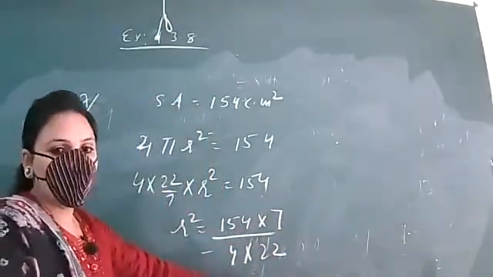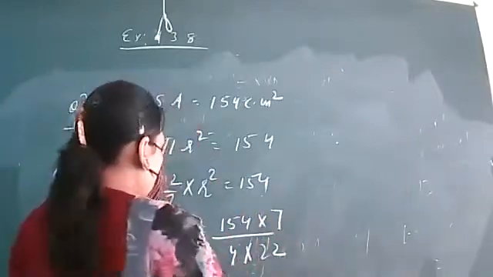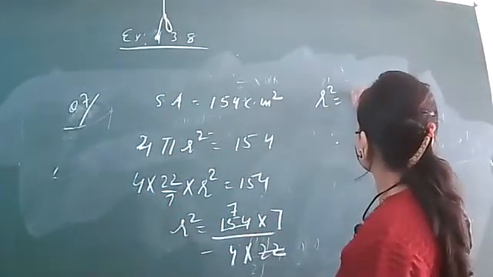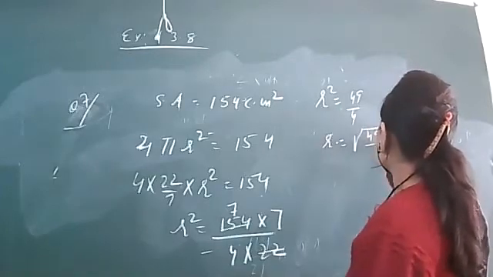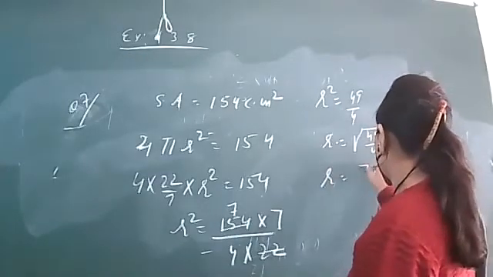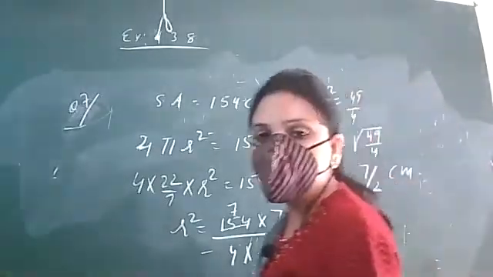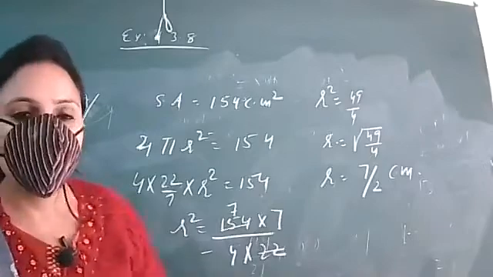These two denominators and this 7 become the numerator, right? Do the cutting. This becomes r square is equal to 49 over 4. So r is equal to 7 by 2 centimeter.